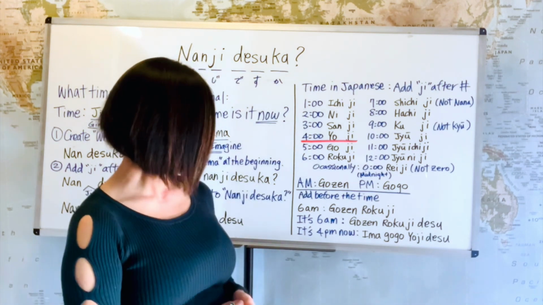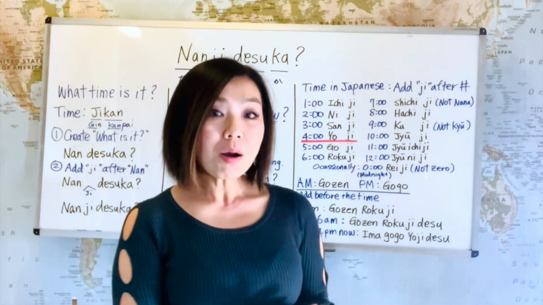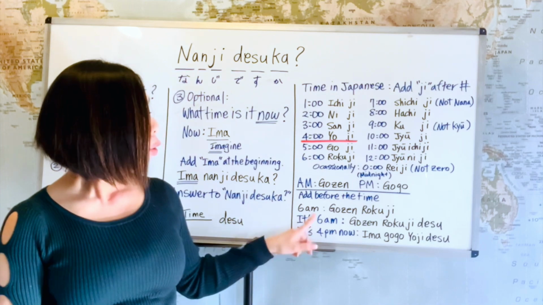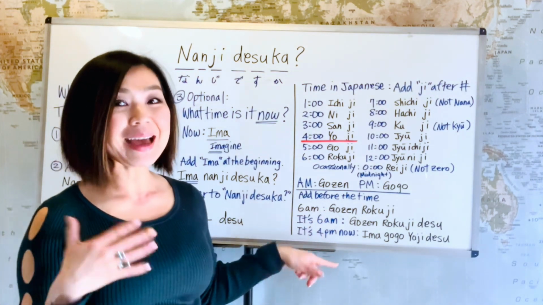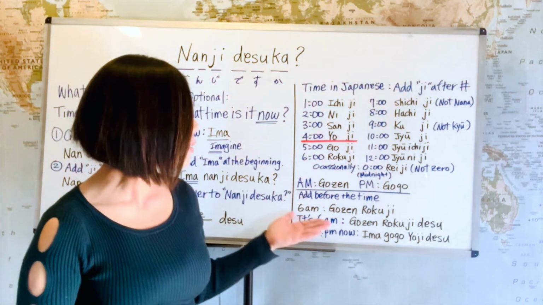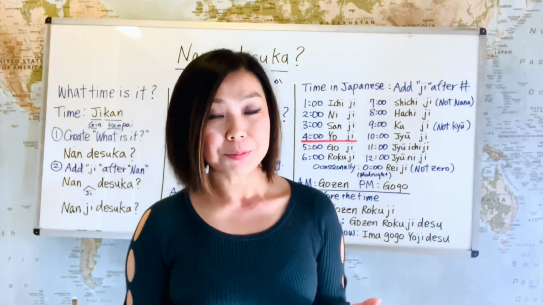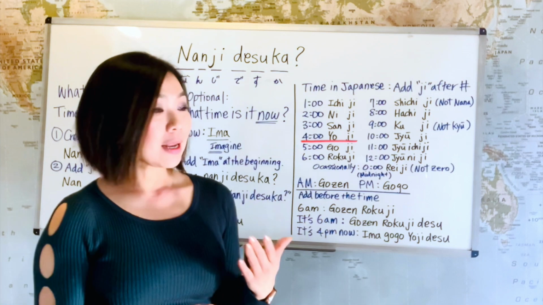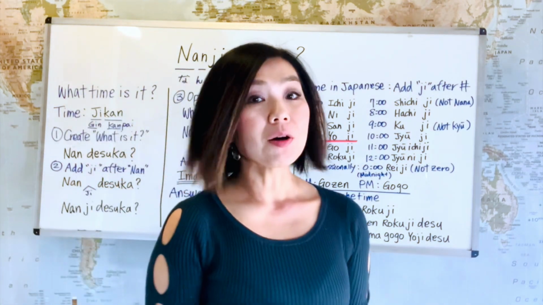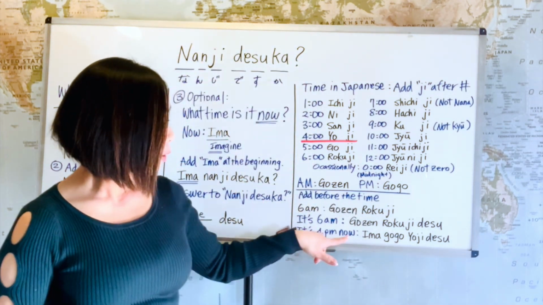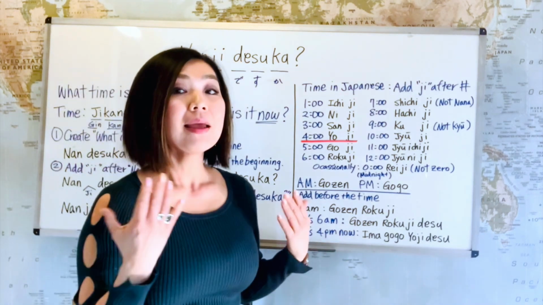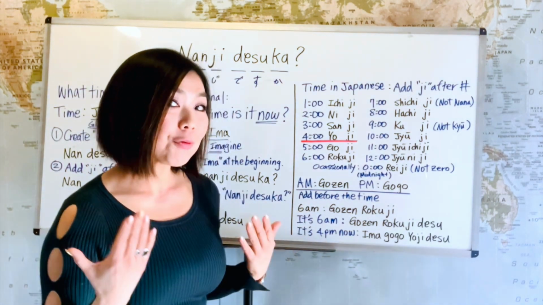It's 6 a.m. So now, if you want to say it's 4 p.m. now, how can we say this? Quite often in Japanese, we translate it from the back. So you're going to say now first. Remember what was now?